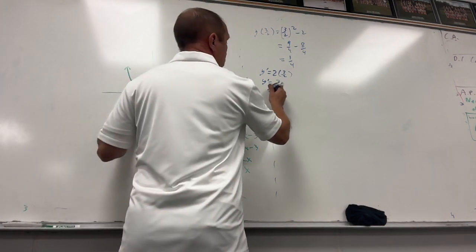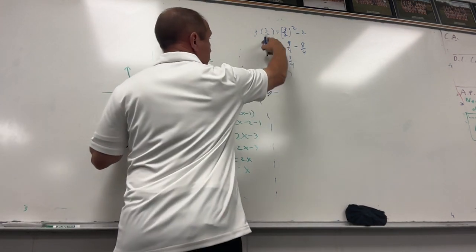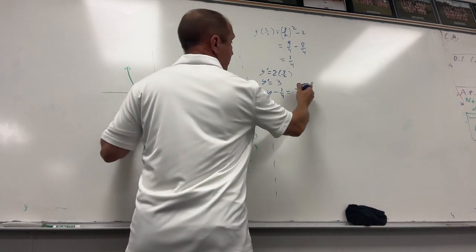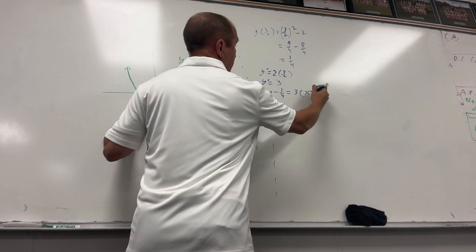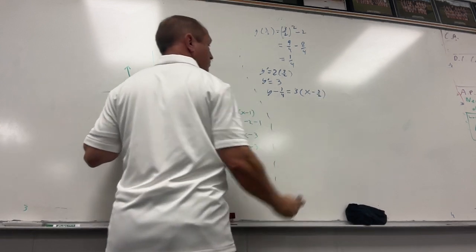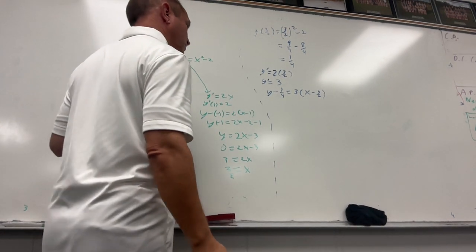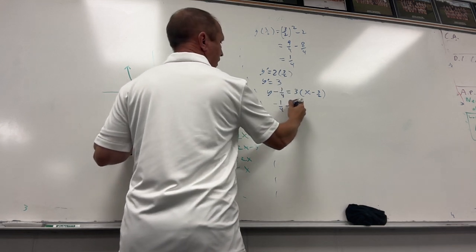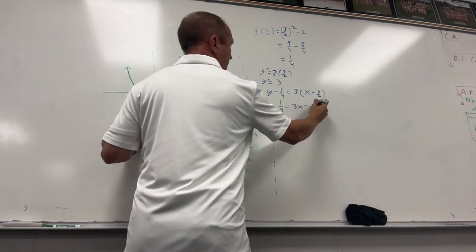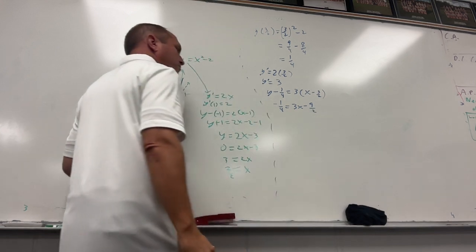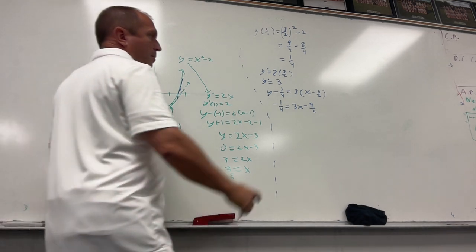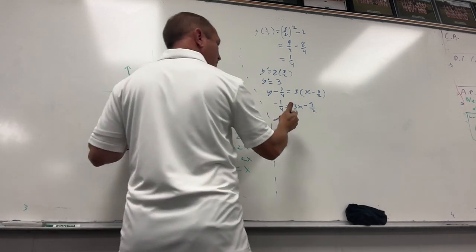So I get y minus 1/4 equals 3 times x minus 3/2. And again, this is 0. So negative 1/4 equals 3x minus 9/2. We still okay? Okay. So I'm going to pull my 9/2 to this side here.